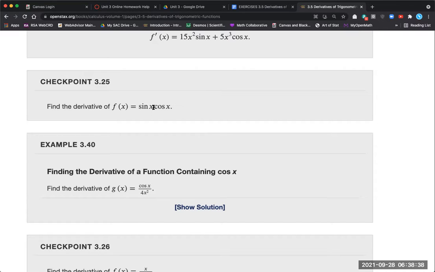This would be a product rule. And looking at it just to review the product rule, see again that this is a function times a function. That's what we have here, function times a function.